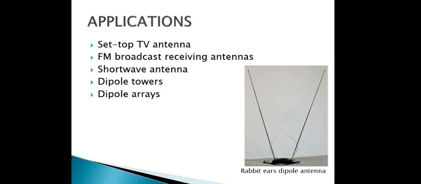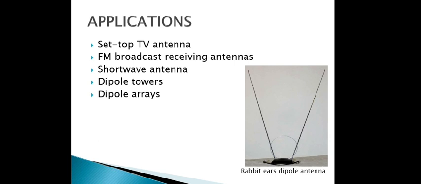Now coming to the applications, it is used in set-top TV antennas, FM broadcast receiving antennas, shortwave antennas, dipole towers, and dipole arrays. These are all applications of the half-wave dipole antenna.